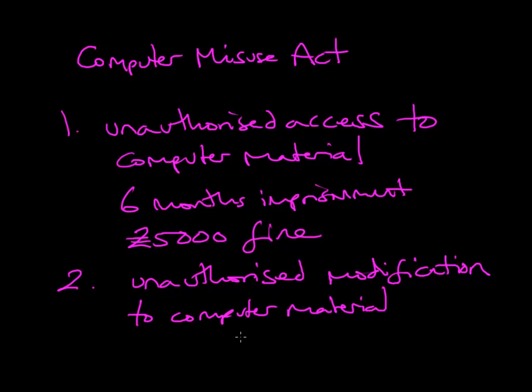And so this part of the Act covers, for example, viruses. So a virus gets onto your computer, it then is unauthorized, it's not something which you wanted there, it modifies your computer in some way, or it uses your computer resources in some way that weren't authorized. This is breaking this part of the Computer Misuse Act. And it's got exactly the same penalty, which is up to 6 months imprisonment and a £5,000 fine.